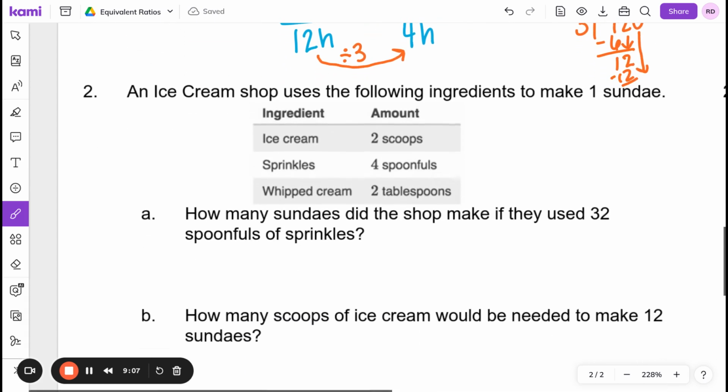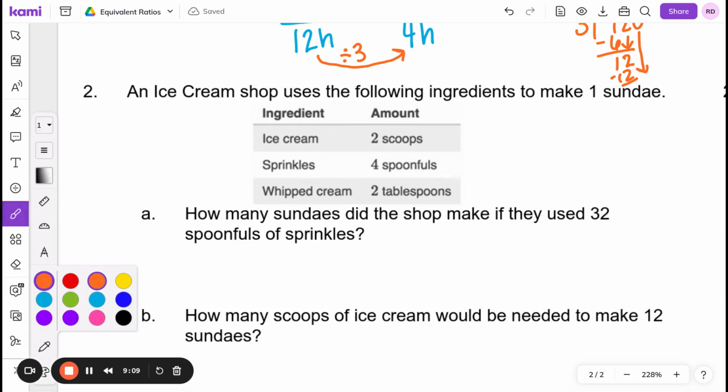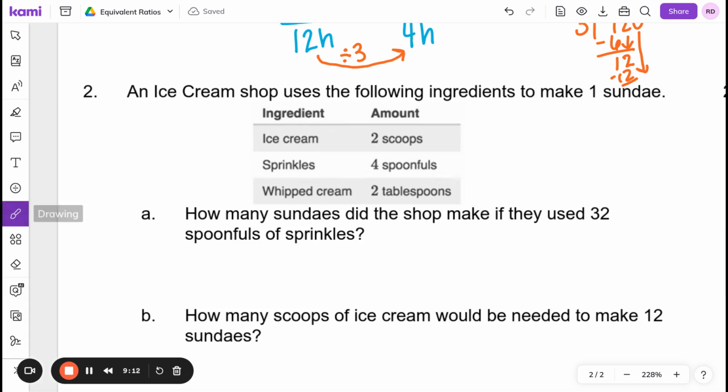All right, problem number 2. They gave us a table full of ingredients and some words. So the ice cream shop uses the following ingredients to make a single sundae. So that means all of our starting ratios are going to involve that one sundae. So how many sundaes, that's what we're looking for, did the shop make if they used 32 spoonfuls of sprinkles?